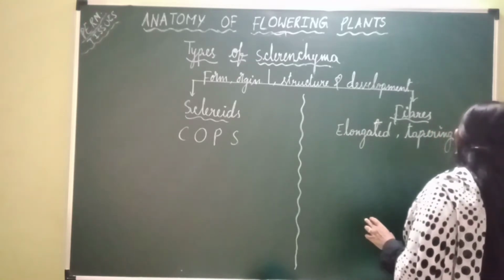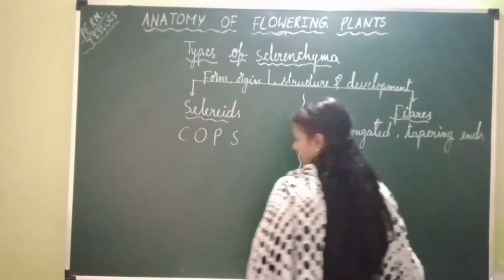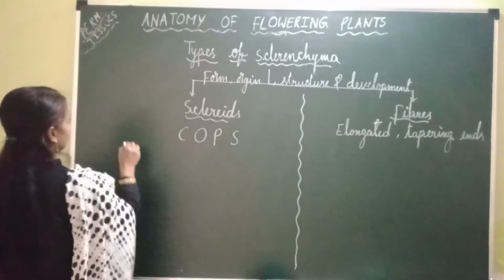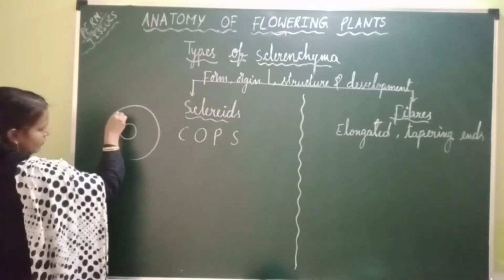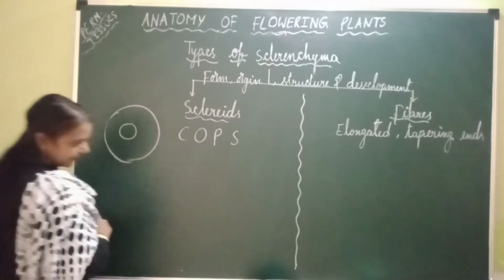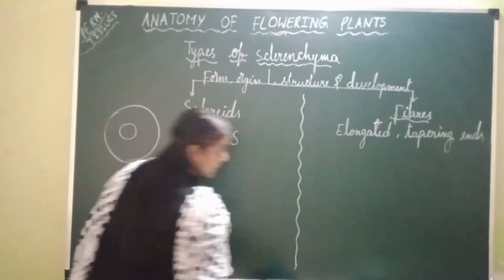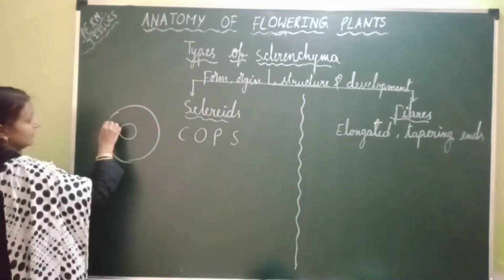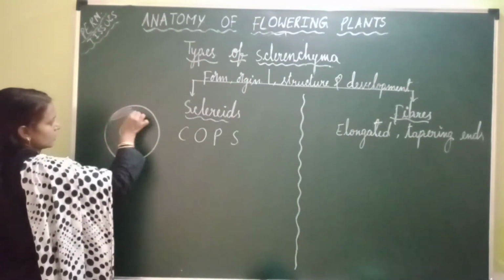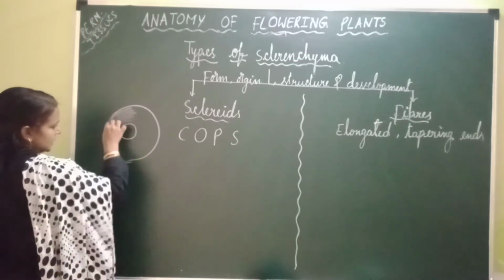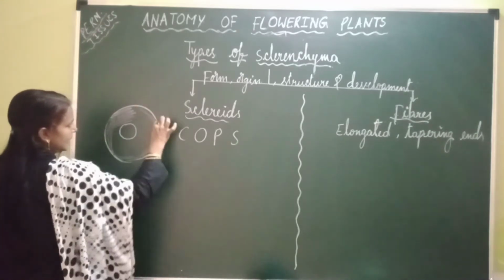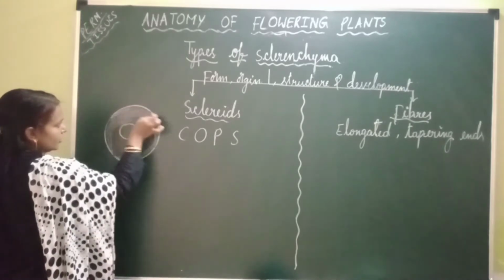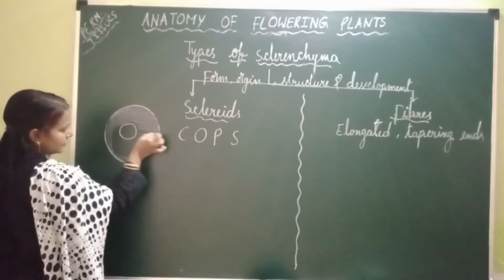Now let's see the structure of a sclerid. Sclerids have highly thickened cell walls. Due to the presence of this highly thickened cell wall, the lumen becomes very narrow.